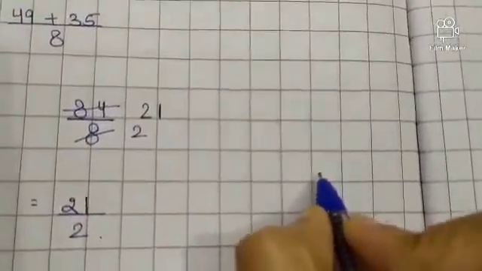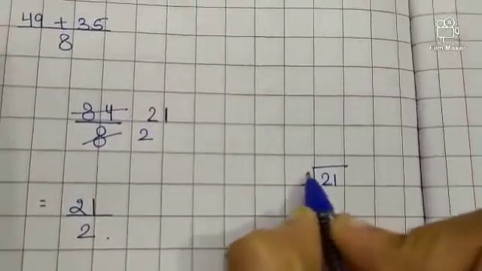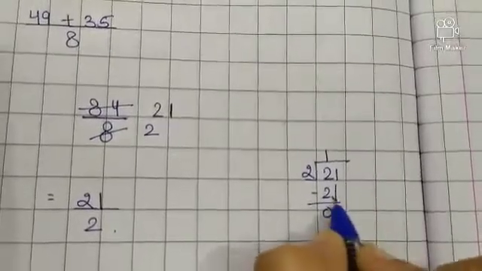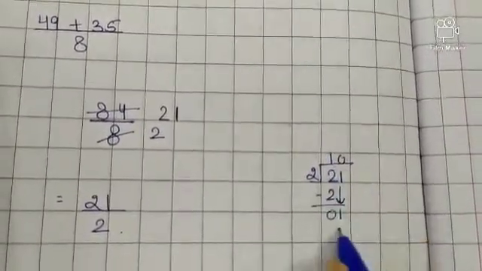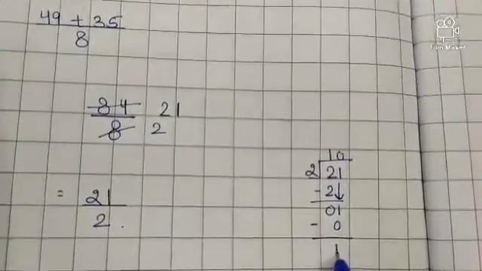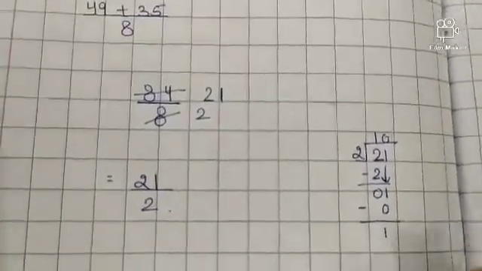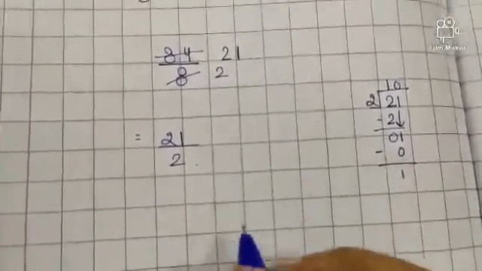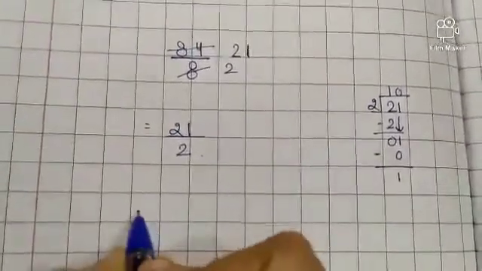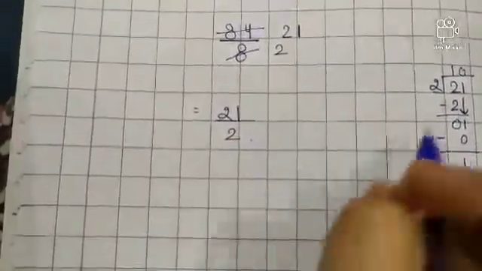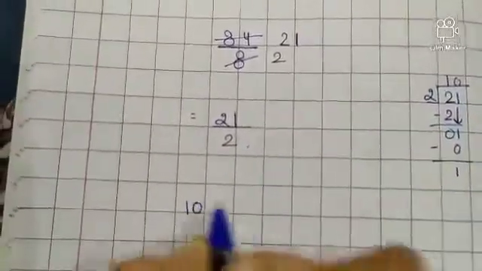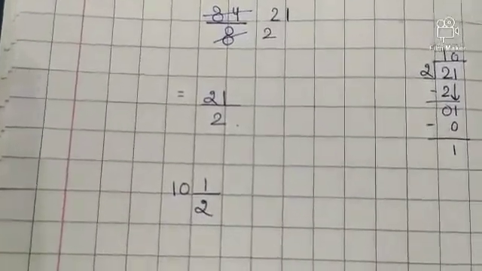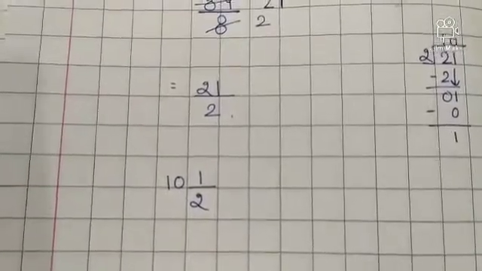So divide it here. 2 1s are 2, subtract 0, copy down 1, 2 0s are 0, subtract 1 minus 0, 1. What formula did I tell you? Quotient which is 10, remainder which is 1 upon divisor which is 2. So quotient, remainder upon divisor.